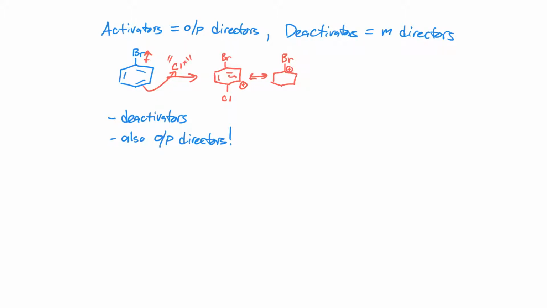And here I have a resonance structure with the cation adjacent to the bromine. Remember that halogens have 3 lone pairs, so they could, in theory, donate those lone pairs, and we would get this resonance pattern.